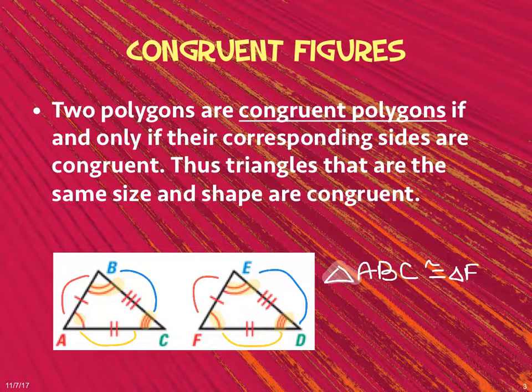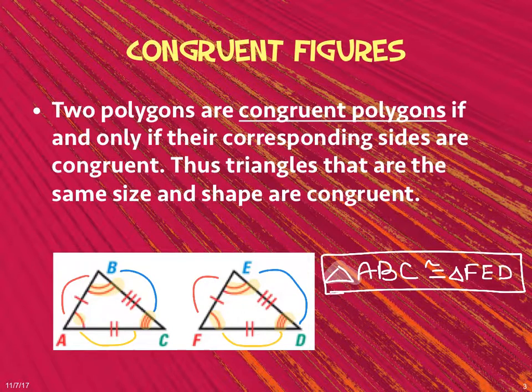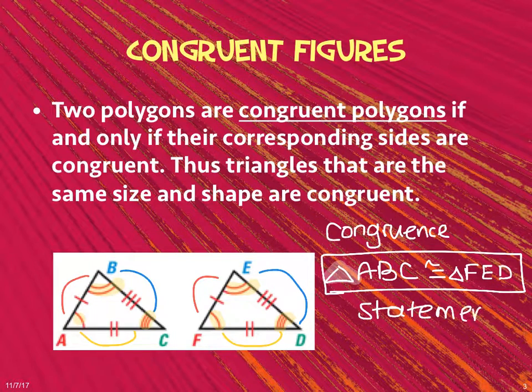And then B matches E, and C matches D. This is a statement of congruence or congruence statement. And the order of the letters matters. I can't say ABC is congruent to DEF because the A and the D are not corresponding. And this corresponding is different from your corresponding angles with your parallel lines.